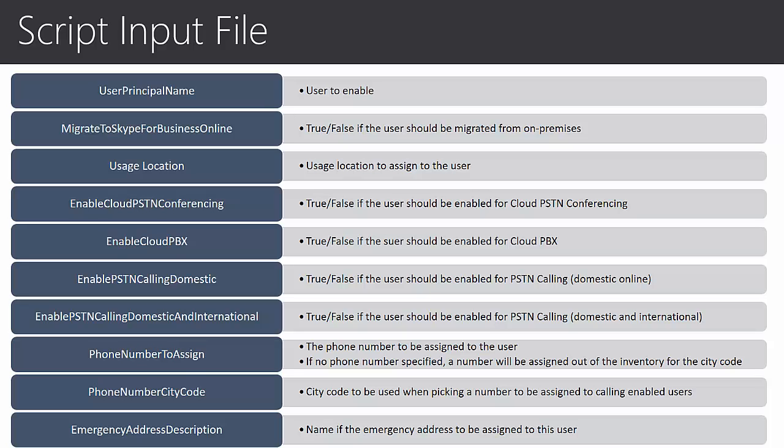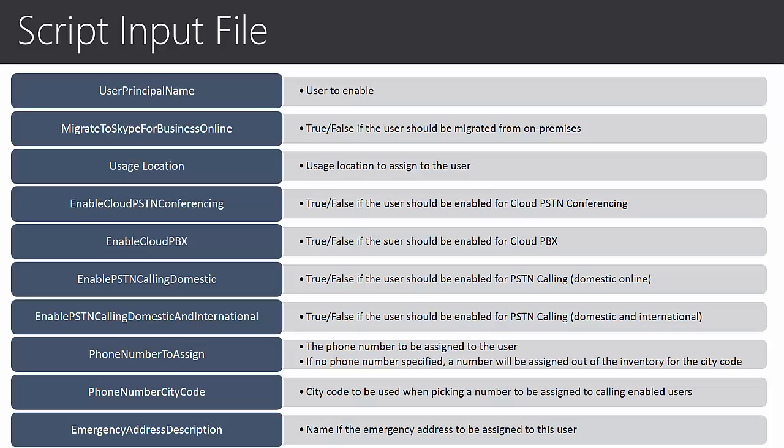However, if that is empty, what I will assume is that you want me to pick a phone number from the available phone numbers within that city code, and then I will assign an available phone number to that user, assuming that this is a new phone number being assigned and you don't necessarily care the exact phone number that's assigned. I believe the rest of this is self-explanatory.